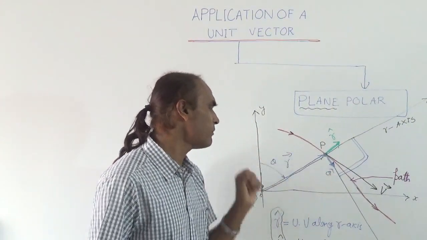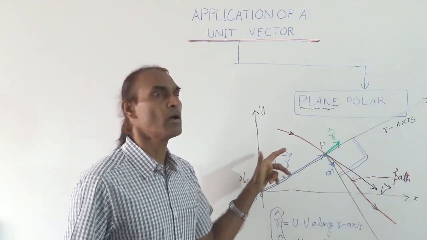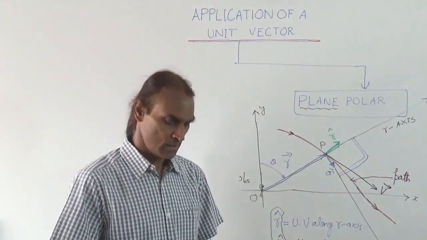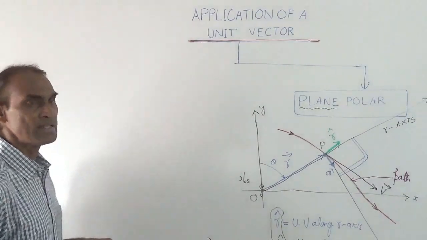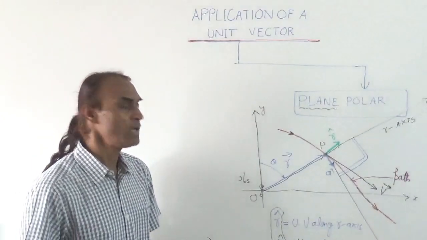So in this coordinate system, there are another two axes. These two axes are known as the tangential axis and the normal axis.